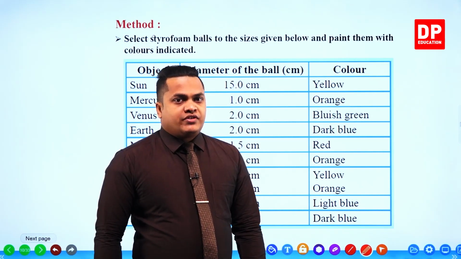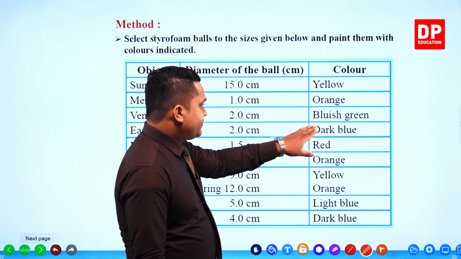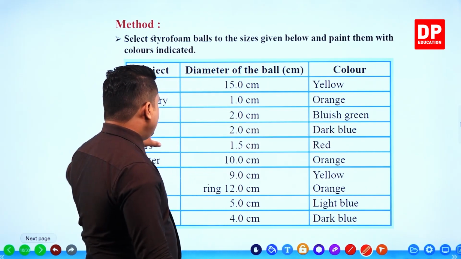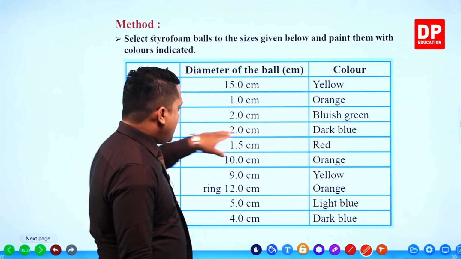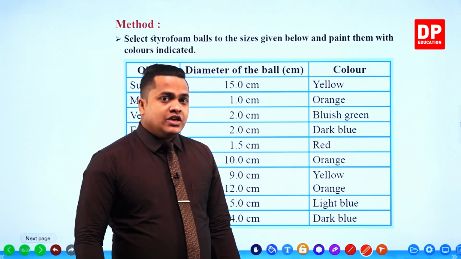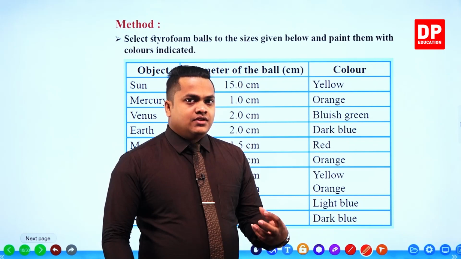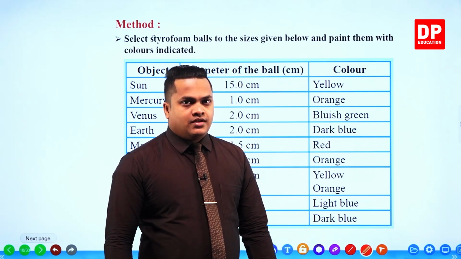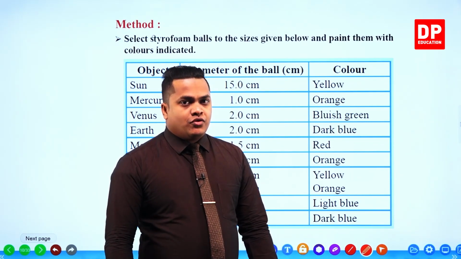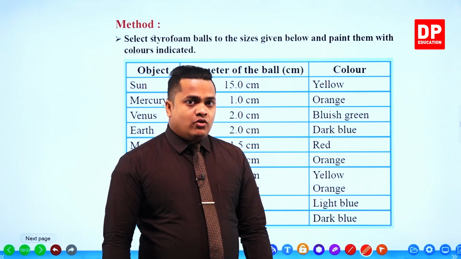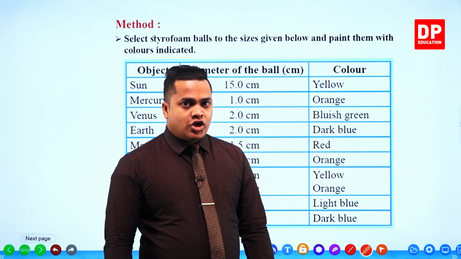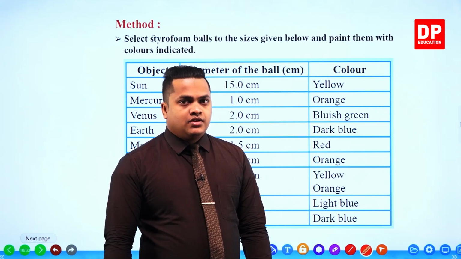If you take the planet Earth, it has a dark blue nature, because you know that our planet Earth contains water. If you could go to outer space and check the surface of the planet, you'd observe a darker blue planet.